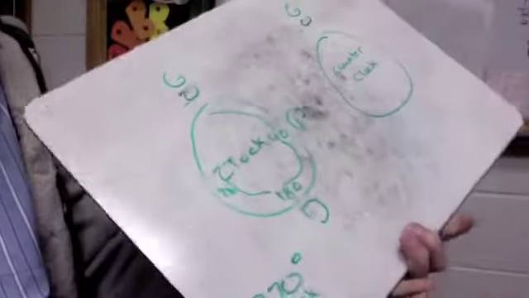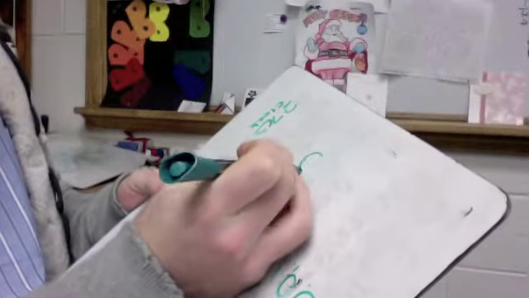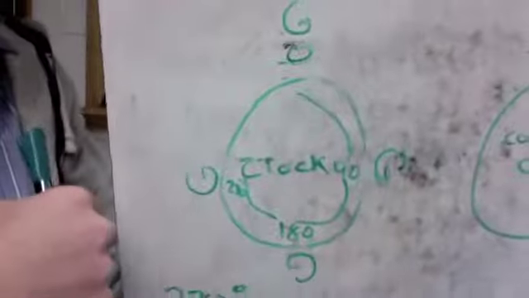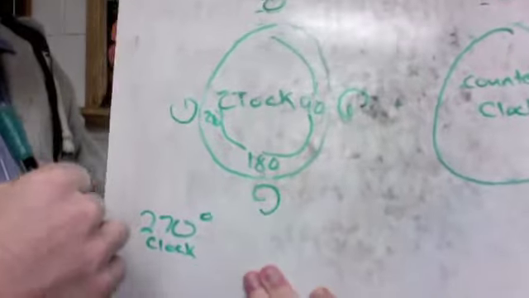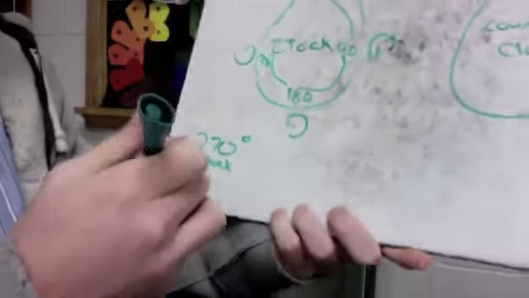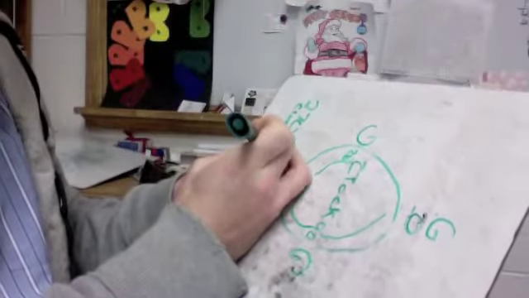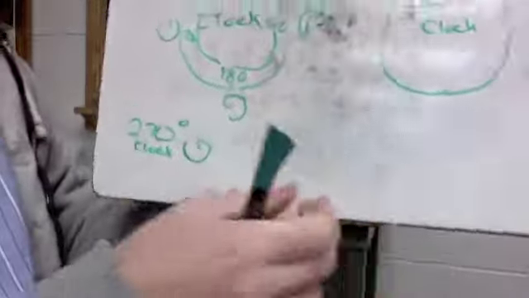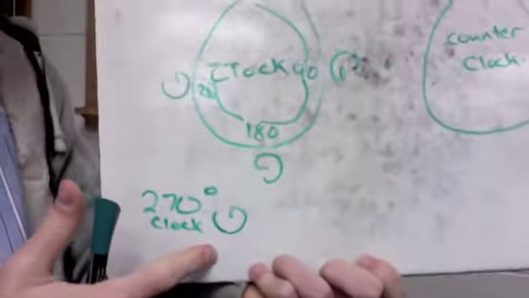And then my last one is going to be 270 degrees. It's going to look like this. So if I want to know what the shape is going to look like at a 270 degree clockwise turn, it's going to look like this. I got to turn my board to do it just because I can't write sideways, but that's what it's going to look like.